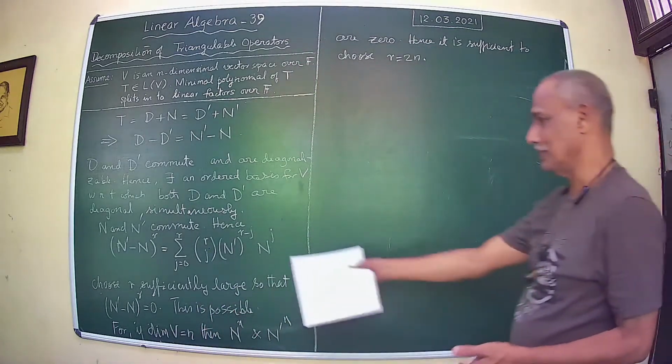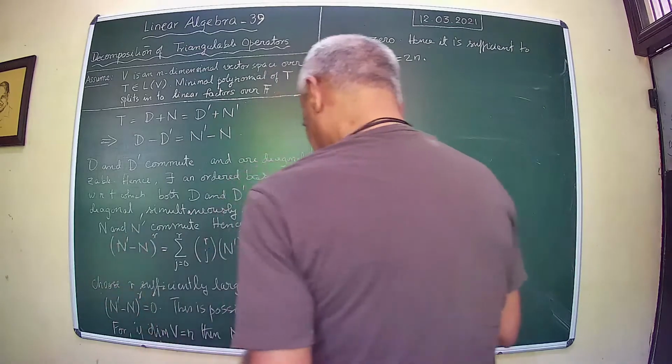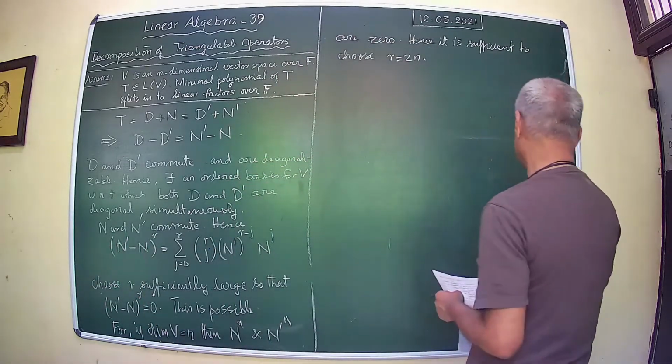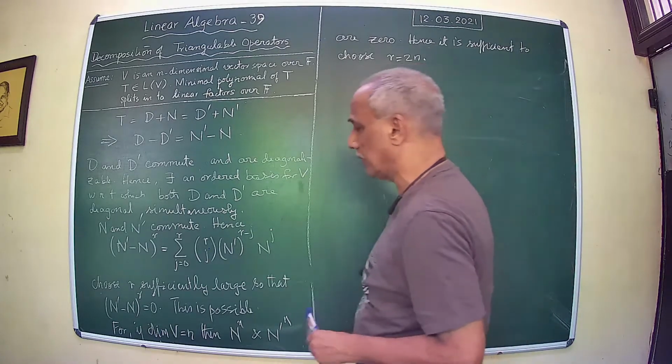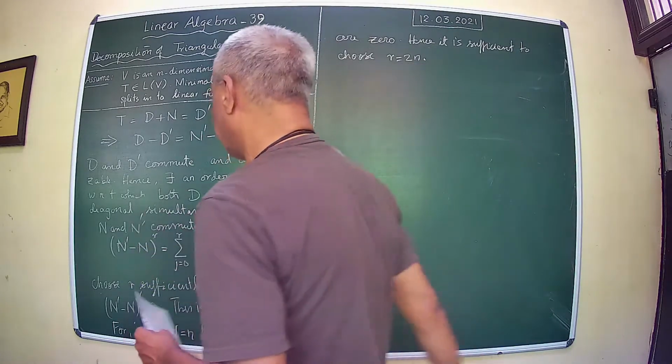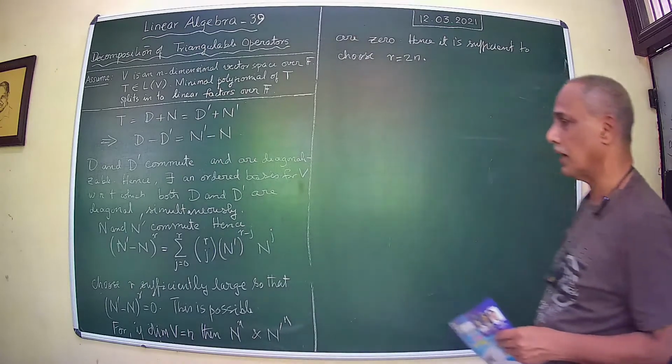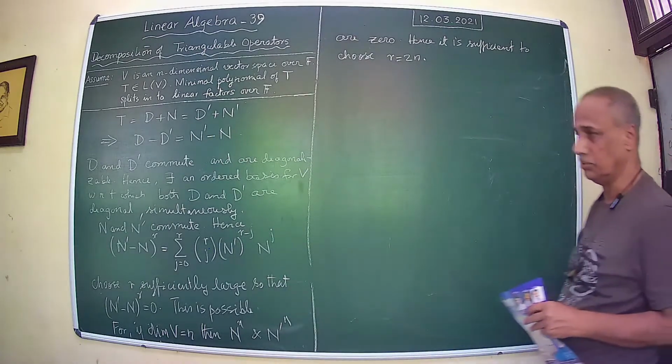That's very easy and hardly needs any explanation. Therefore, there exists some number r such that (N prime minus N) to the power r equals 0.